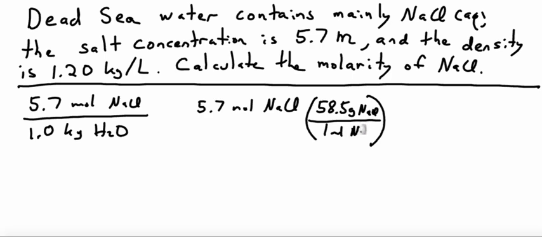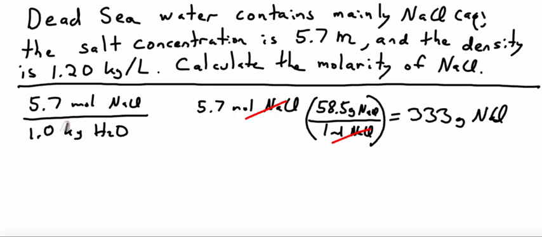We can cancel our moles and get the grams, and we get 333 grams of sodium chloride. So that's how much sodium chloride is dissolved in 1 kilogram of water.